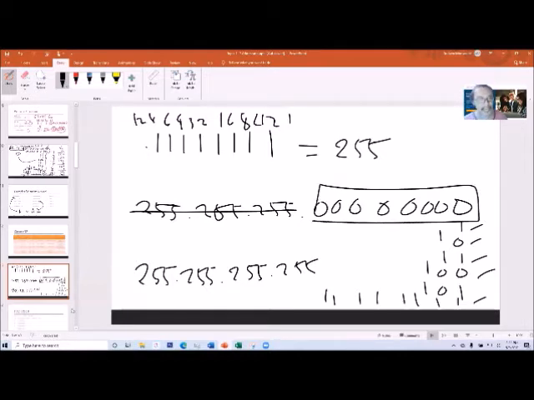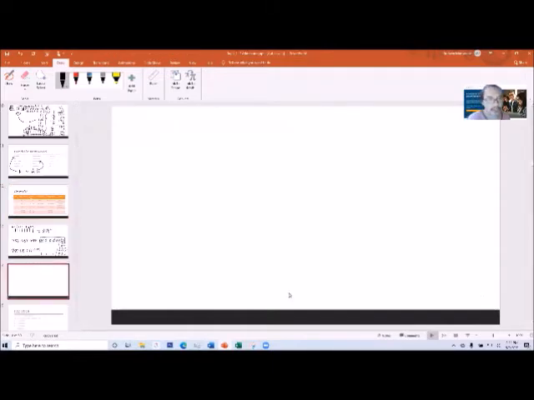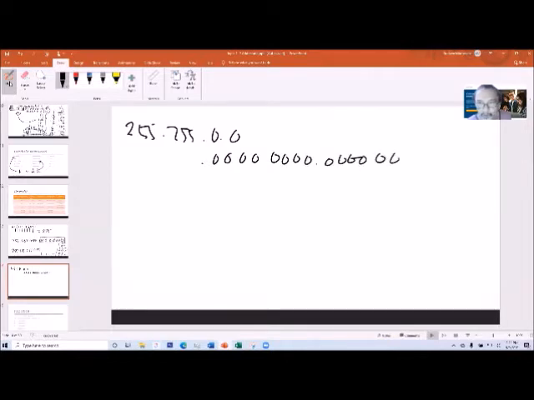But in the case of class B, your subnet mask is 255.255.0.0. So if we convert the zeros into their binary form, that is eight 0s in each of the last two octets. This is the binary form now.